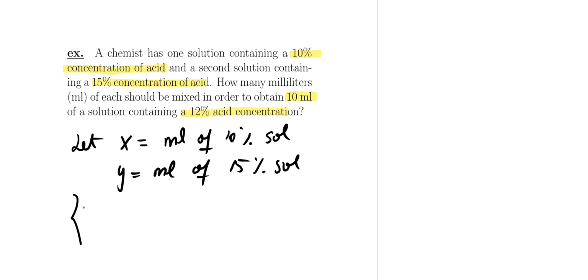So what is my first equation? How many milliliters do I have to get out? I'm putting X and Y, and they have to equal 10. So my first is X plus Y equals 10. Now, if I have X milliliters of 10% solution, how much of it is going to be pure acid?